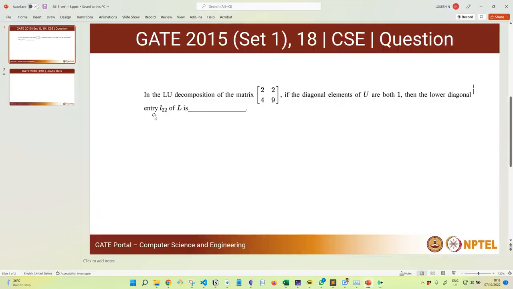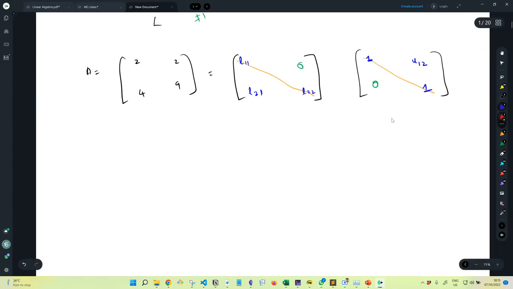And then what are they asking? They are asking the value of L22, the value of this entry. Now let's see how to solve this question. If you multiply these 2 cross 2 matrices, L and U, what will happen? The first element will be L11. The second element will be L21.